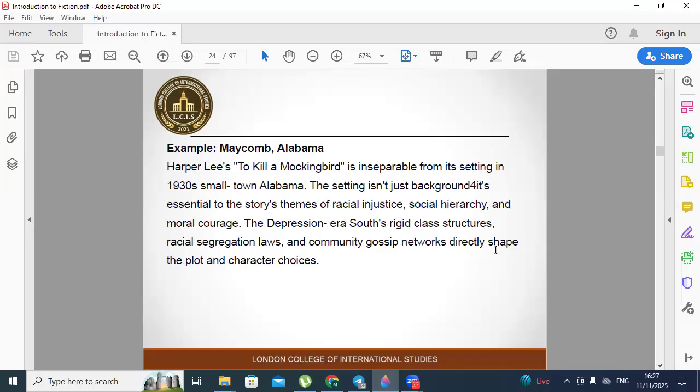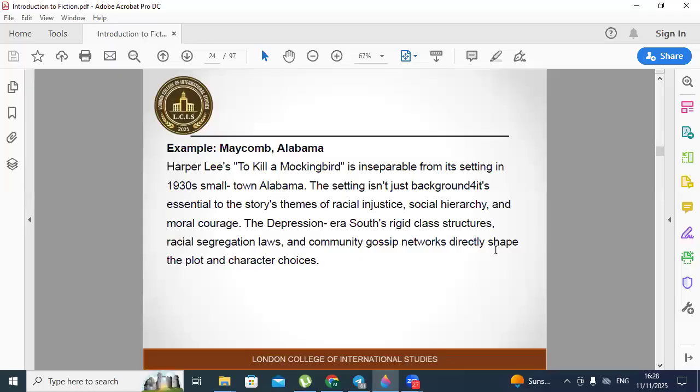Community gossip networks mean everyone knows everyone else's business. Privacy is nearly impossible. This creates both danger, as collective prejudice can destroy individuals, and possibility, as individual moral courage becomes publicly visible, potentially inspiring others.